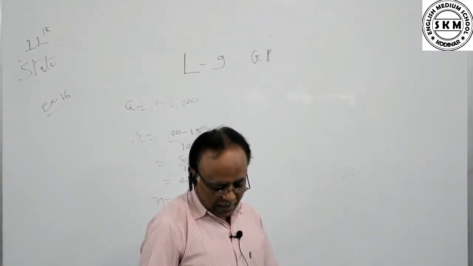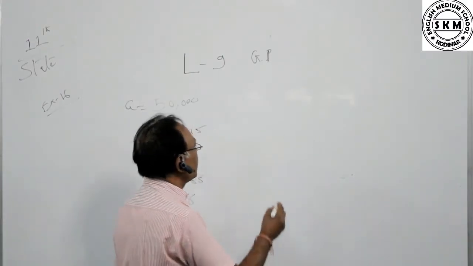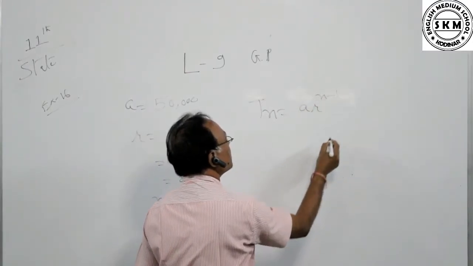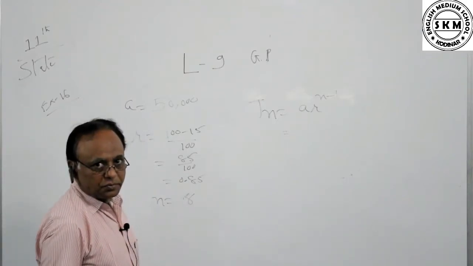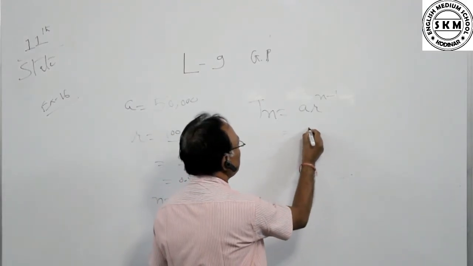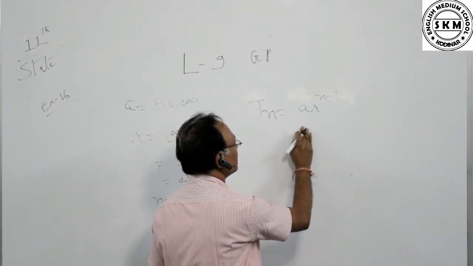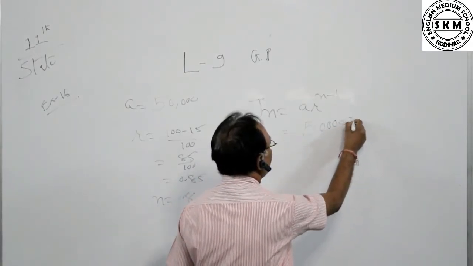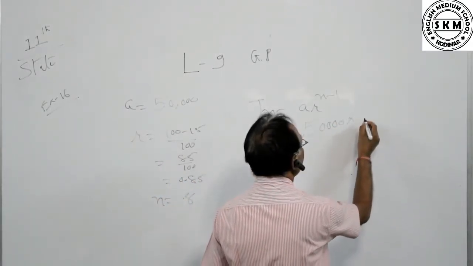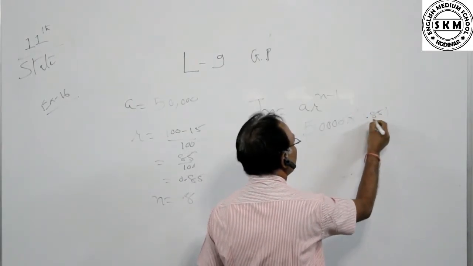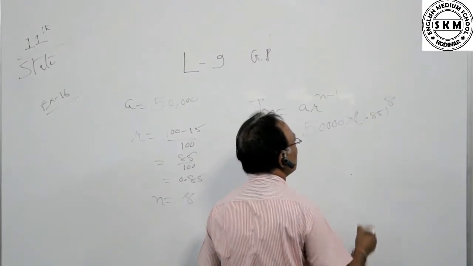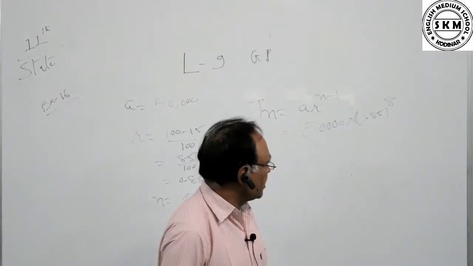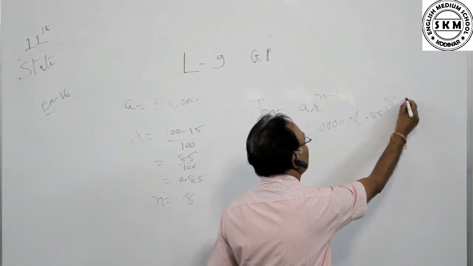Now apply the formula. Tn is equal to a r raised to n minus 1. A is given, 50,000, multiplied by the ratio 0.85 raised to 8 minus 1, that is n minus 1.